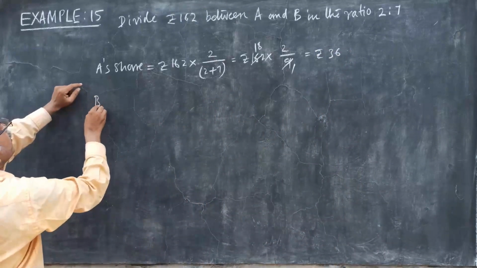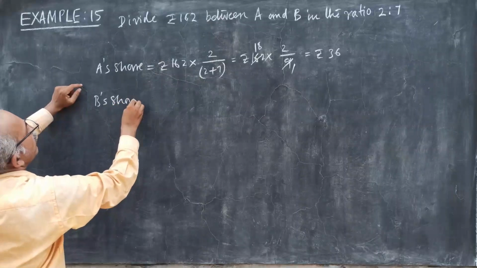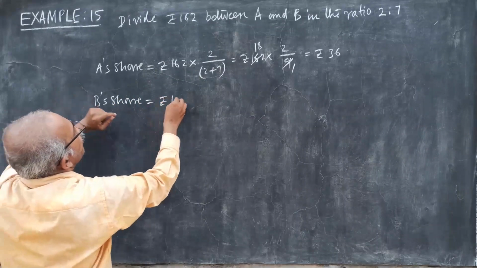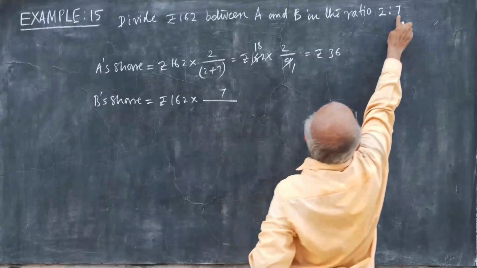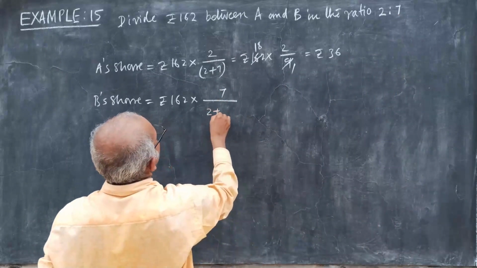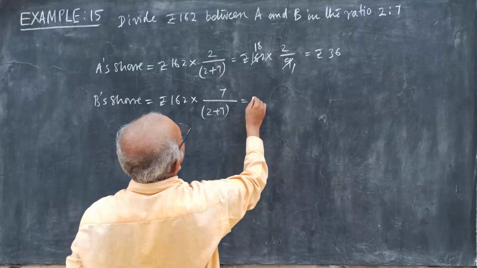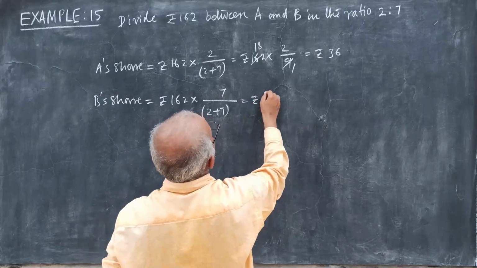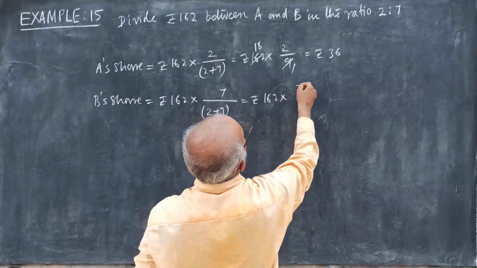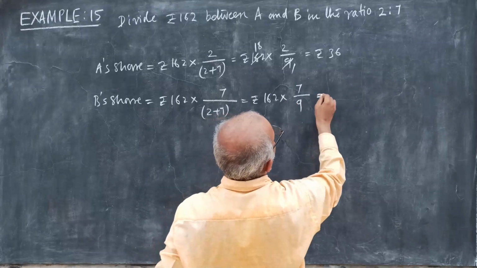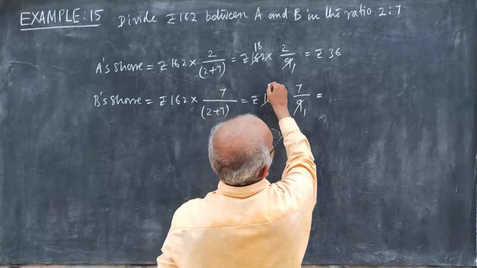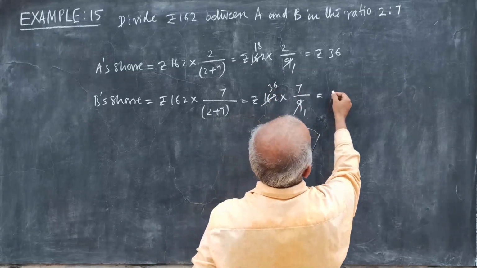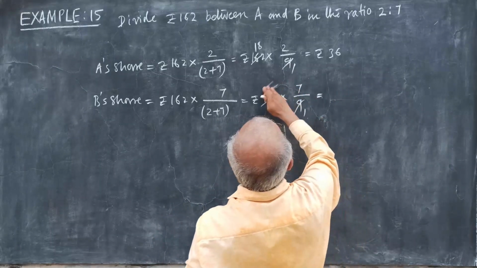Now B's share is equal to rupees 162 into 7 divided by (2 plus 7), which is equal to rupees 162 into 7 by 9. So 9 ones are 9, 9 twos are 18.